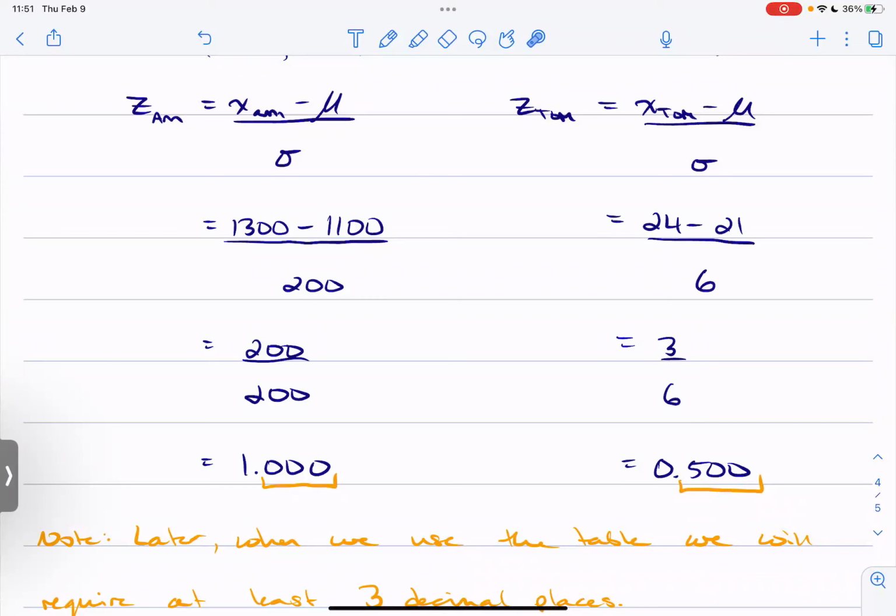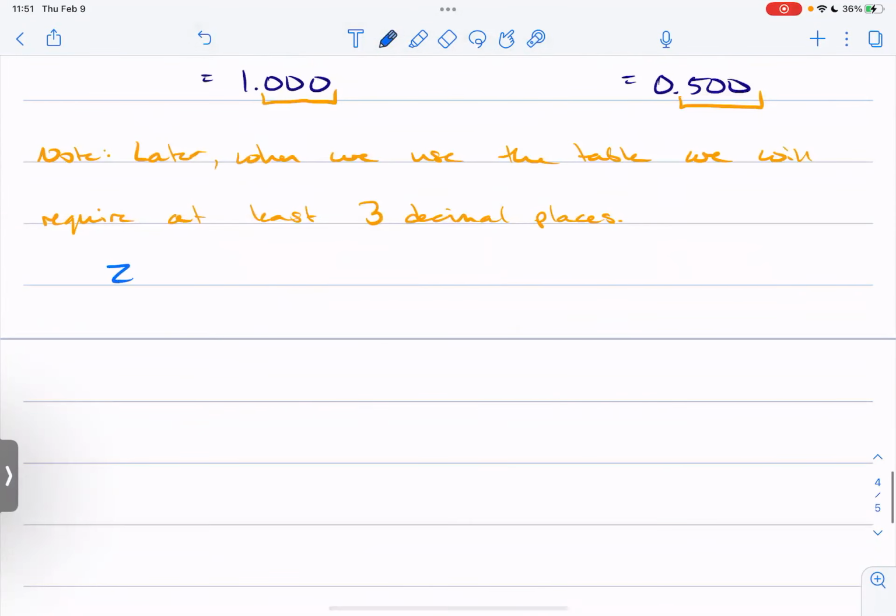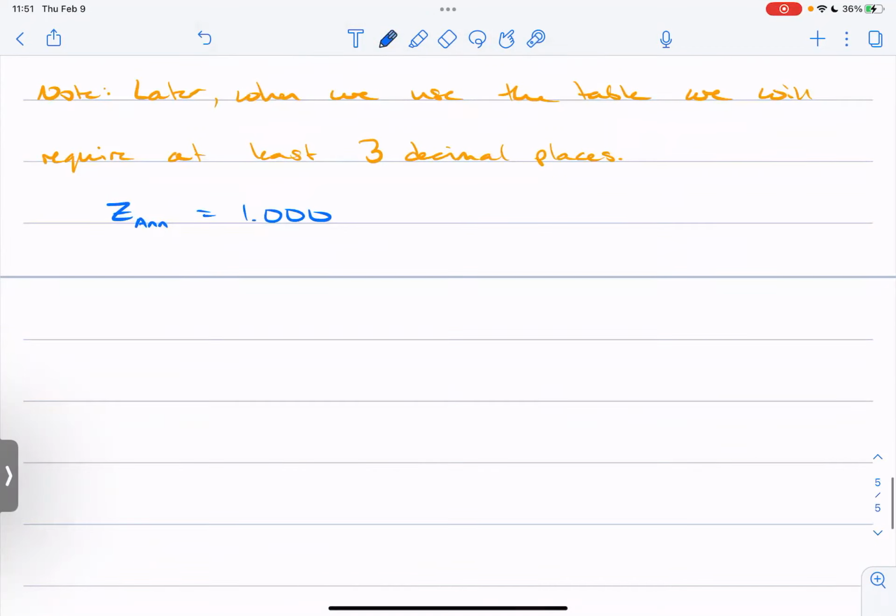So I'm going to write that out in words here. Z for Anne equal to 1 means Anne scored 1 standard deviation above the mean.